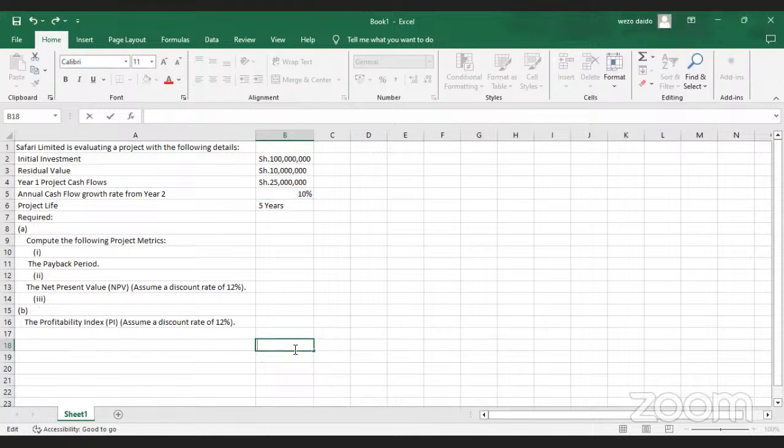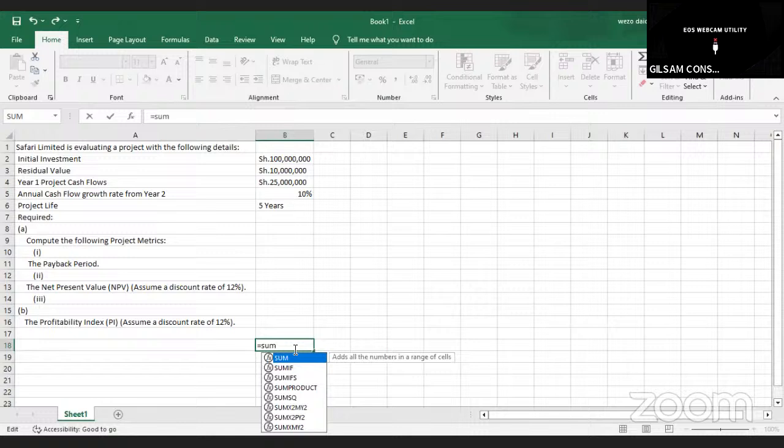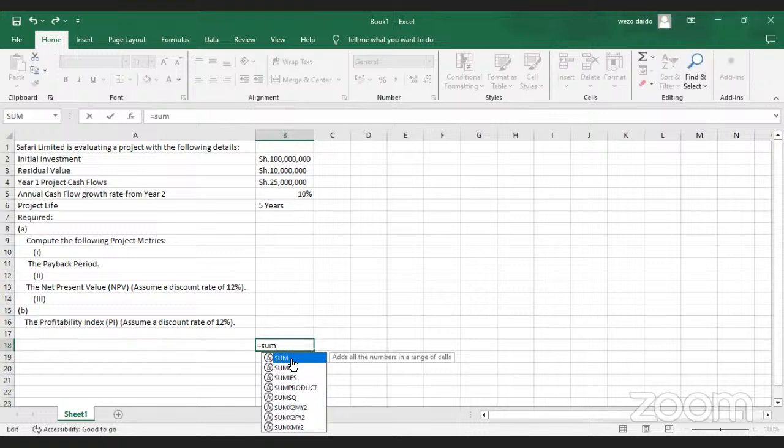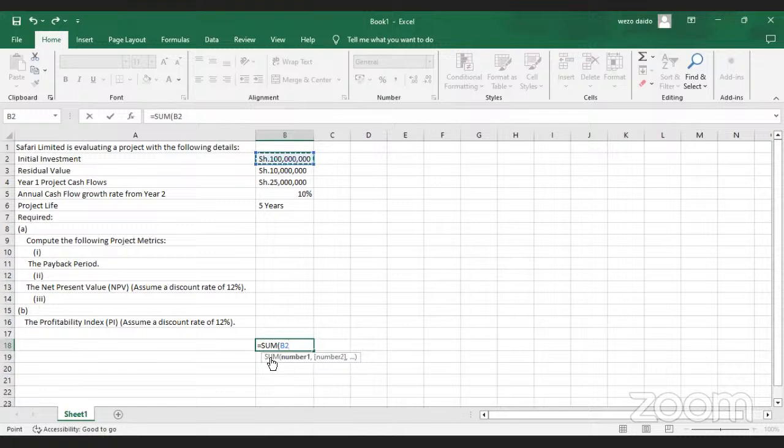Wait a bit. You said first minus. You said the sum first. Initial investment, but you have to change this to negative. Okay.